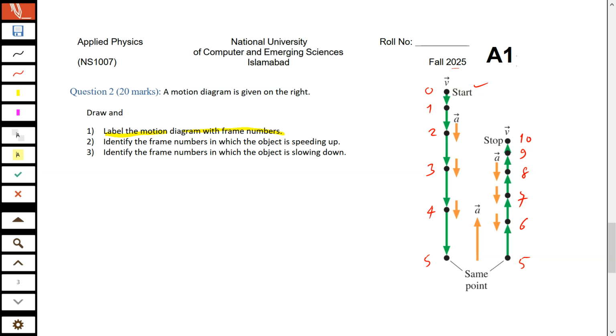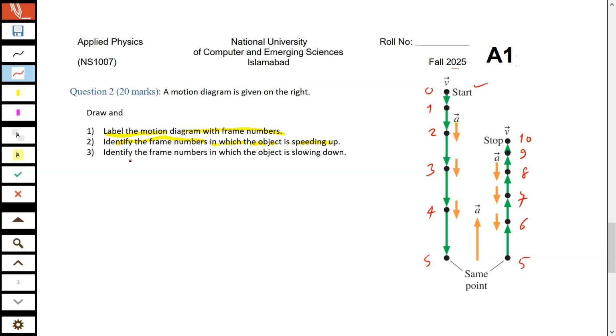The next part is identify frame numbers for which the object is speeding up. So remember, here all the velocity vectors are pointing downwards, and the accelerations are also pointing downward.